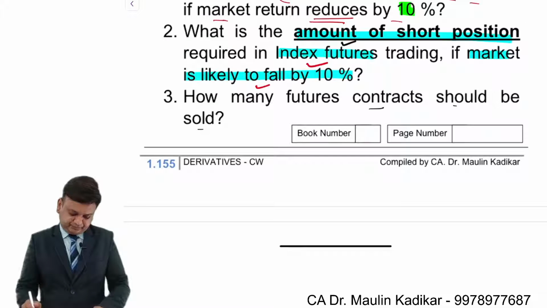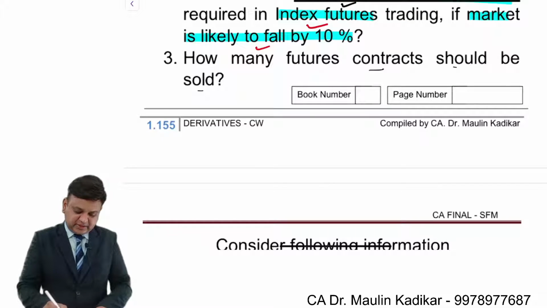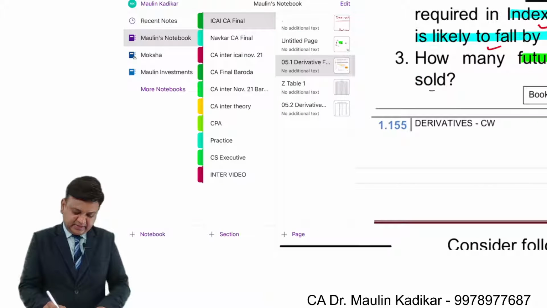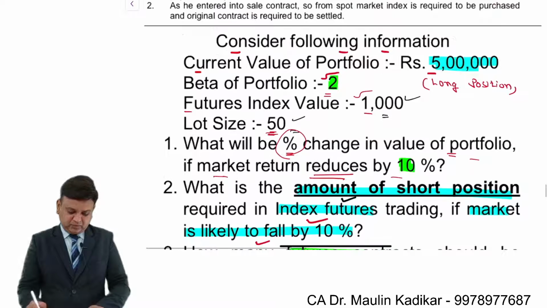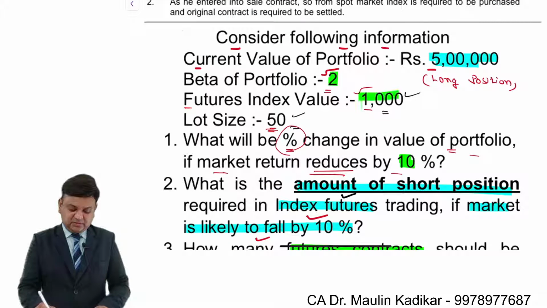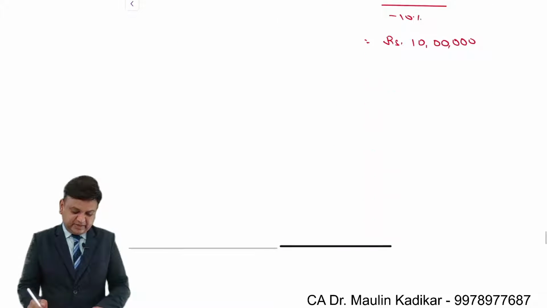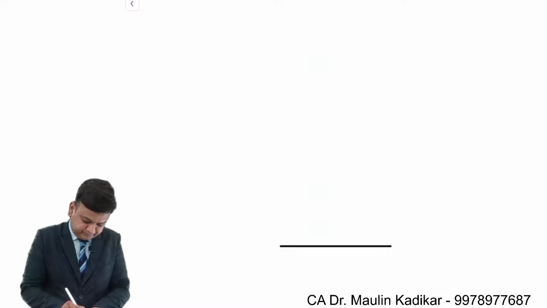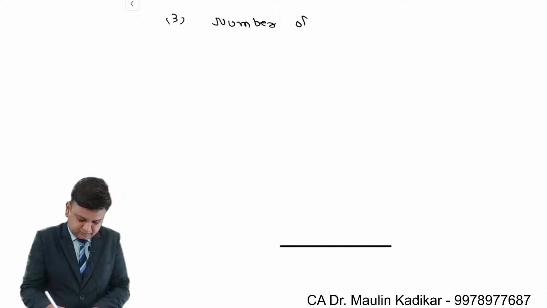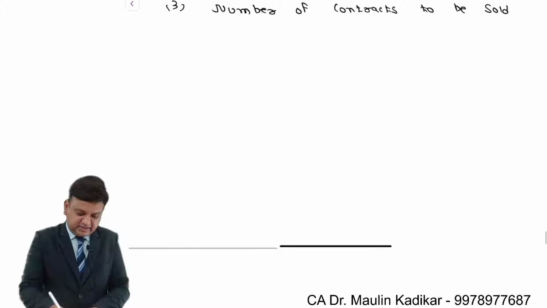Next question. How many futures contracts are supposed to be sold? That is the question. So the futures index value is 1000 and lot size is 50. So we can say answer for the third question like this. Number of contracts to be sold. In that, contract and amount.